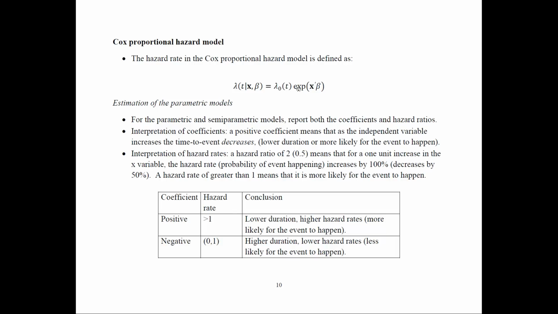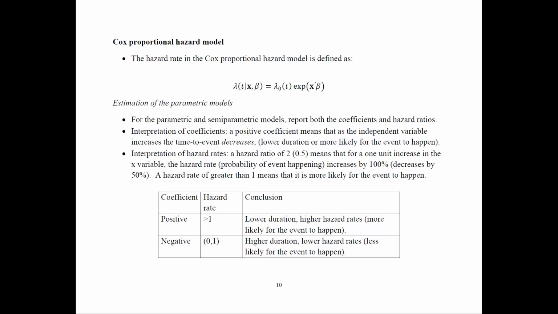So here we have the base hazard function that only changes with time, and then the x's come in via a multiplicative way to the hazard function. That's how we put those x's into the hazard function.